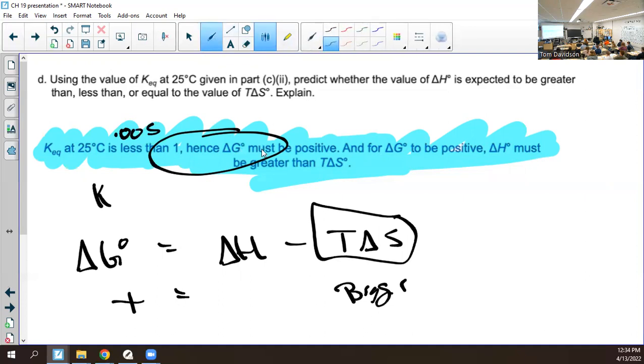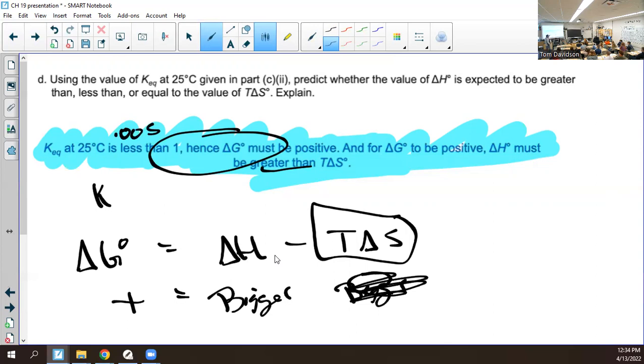Wait a minute. See, I just blew my own mind for a second. Oh, I just read it. I wrote bigger in the wrong spot. Sorry. Thank you. Call me out earlier so I don't have a heart attack. All right. For this to be positive, okay, finally, sorry, this number has to be bigger than this number.